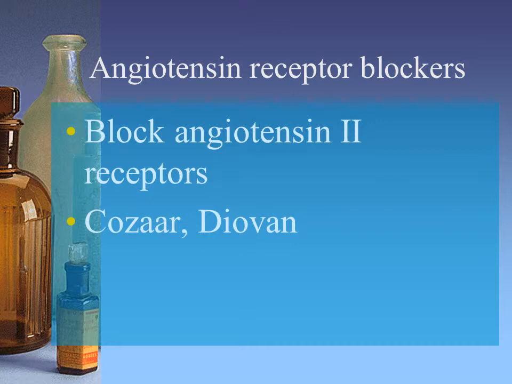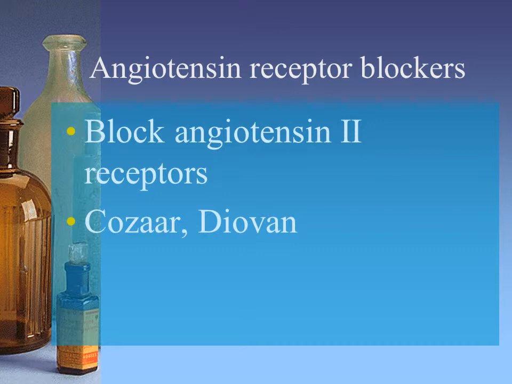They bind with the receptor site of a cell, and angiotensin II cannot bind with the receptor site of the cell. Therefore, the angiotensin II is not binding, so the vessels are not contracting. Again, similar to ACE inhibitors, it produces vasodilation, dilation of the blood vessels. If the blood vessels are wider, there is less pressure in them.